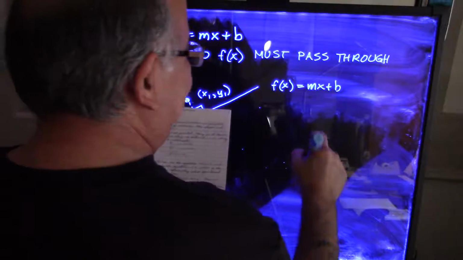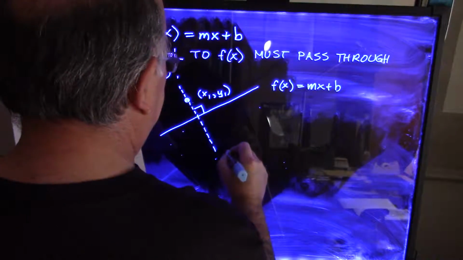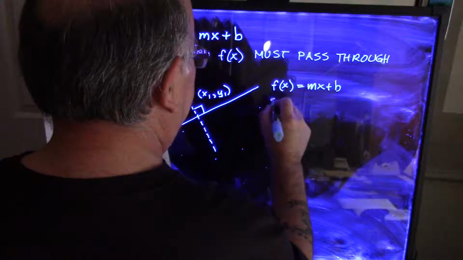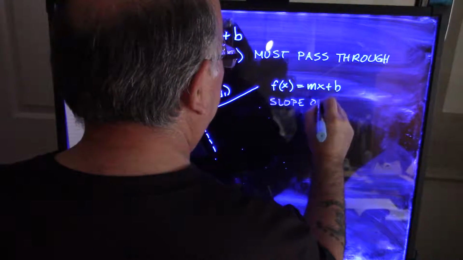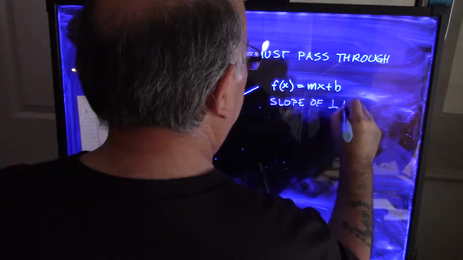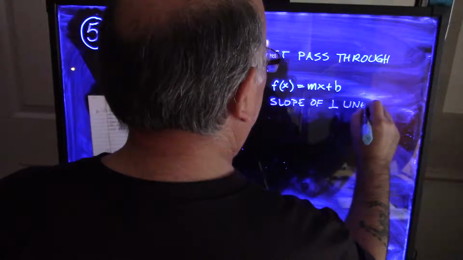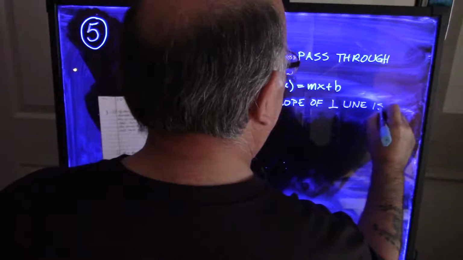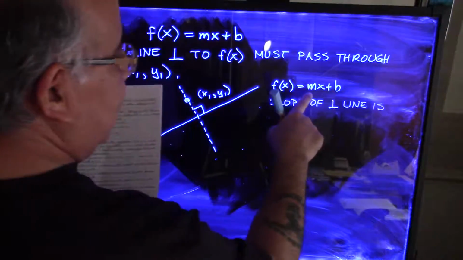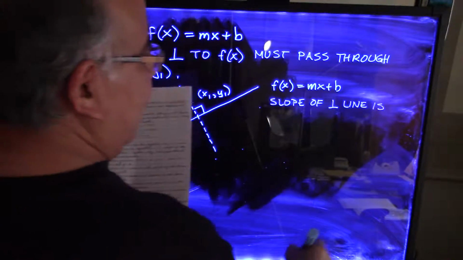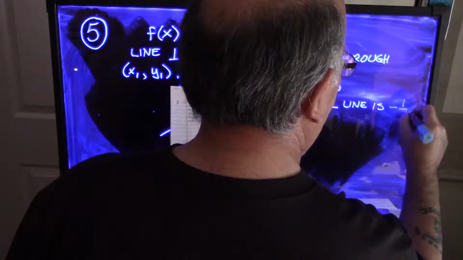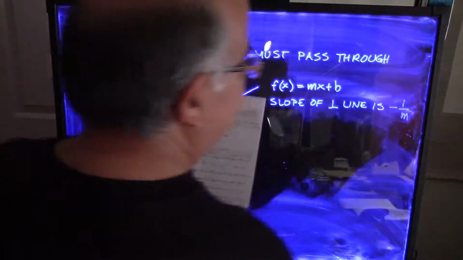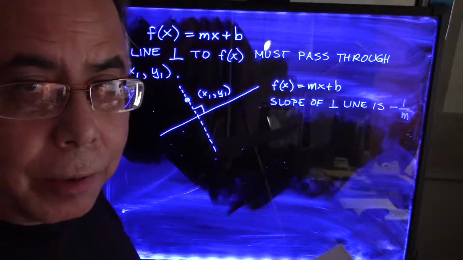So the slope of the perpendicular line is, well, the reciprocal of m would be 1 over m, and the negative of that is negative 1 over m. So you've got negative 1 over m as the slope of the perpendicular line.